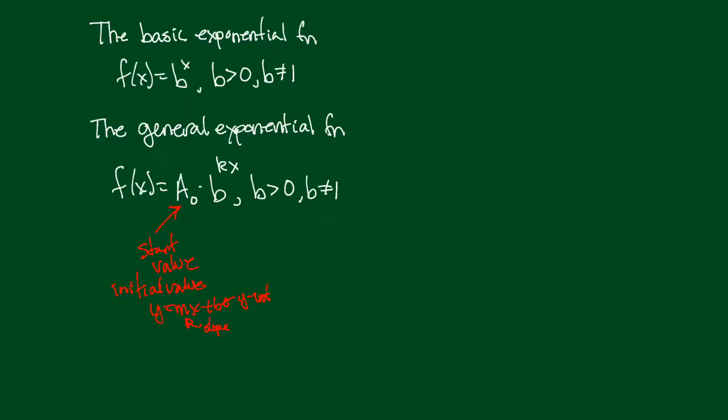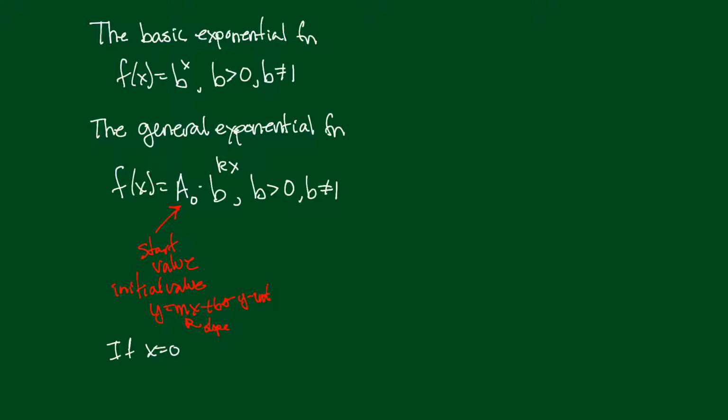So when I'm looking at an exponential relationship, this number a naught, that tells me how much output I start with. Now think about this. If x is equal to 0, and think about time as time goes by.